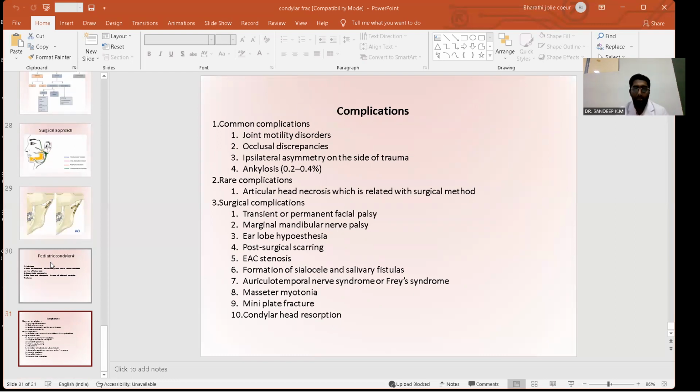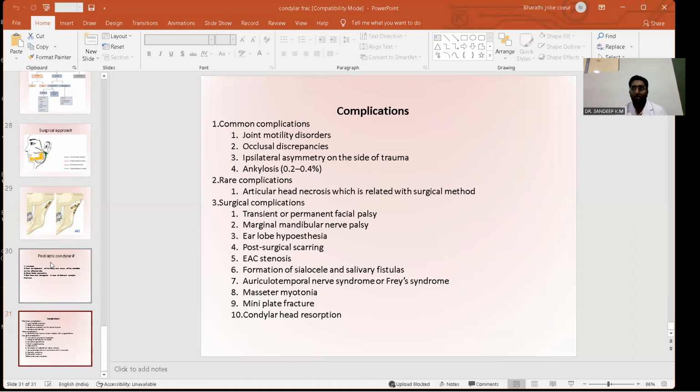Then the surgical complications of condylar fracture include transient or permanent facial palsy when we access through the classical transparotid or retromandibular approach. If we go for a transparotid approach, the marginal mandibular nerve can be damaged.